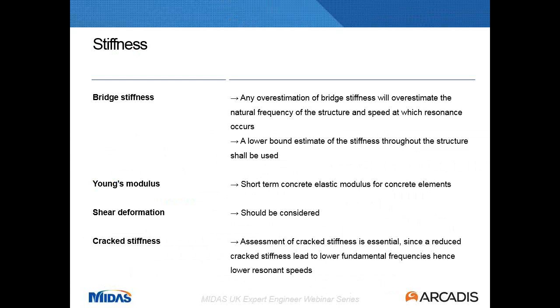And in this case, bridge stiffness, you should consider this value very carefully, because if you overestimate the bridge stiffness, then you overestimate the fundamental frequencies of your bridge, and you will overestimate as well these resonance speeds, and you may miss resonance phenomena. You might be underestimating the forces on your bridge, and that puts at risk the safety of your bridge. So it's very important that you use a lower bound estimate of the stiffness.